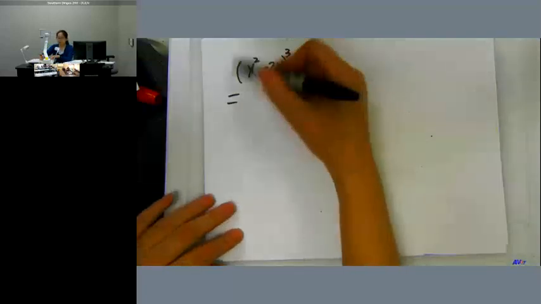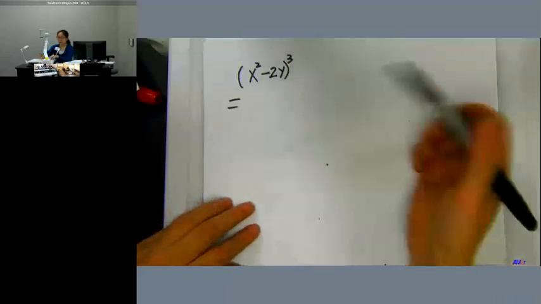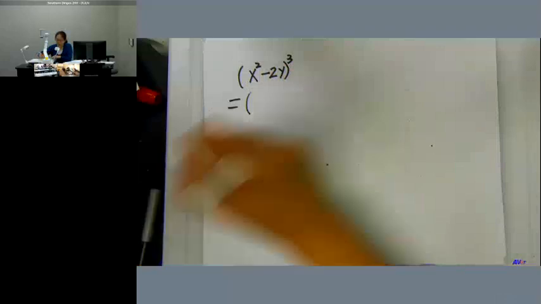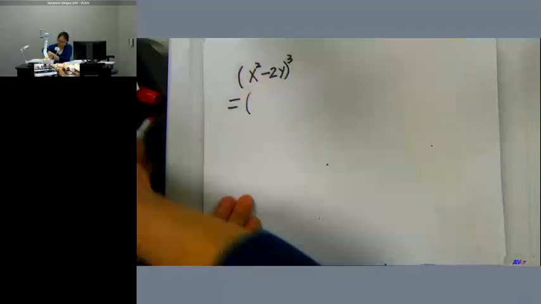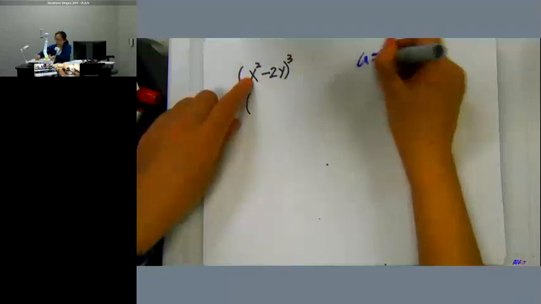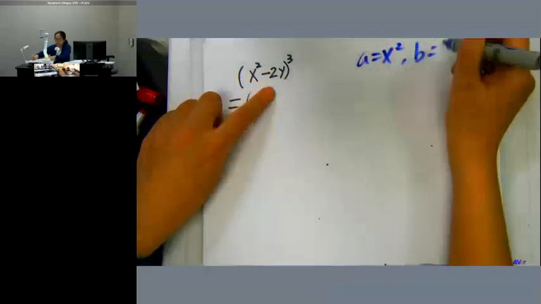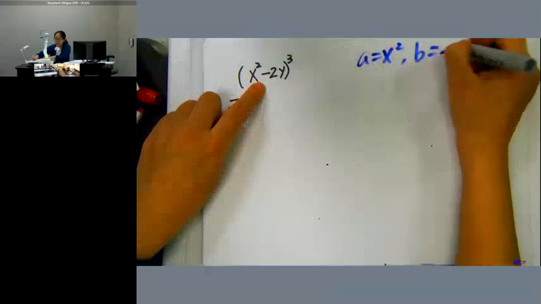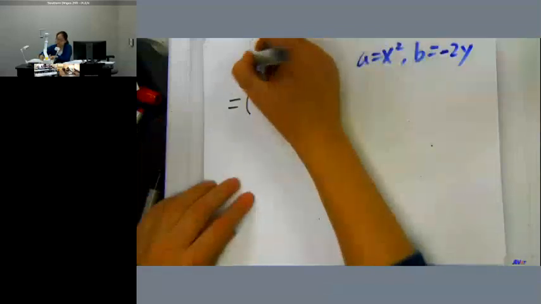All right, so use the formula to do it, instead of multiplying 3 times. So which one will be A? A will be your x squared, and B will be, what's B? Negative 2y, yes. So that's your A, that's your B.